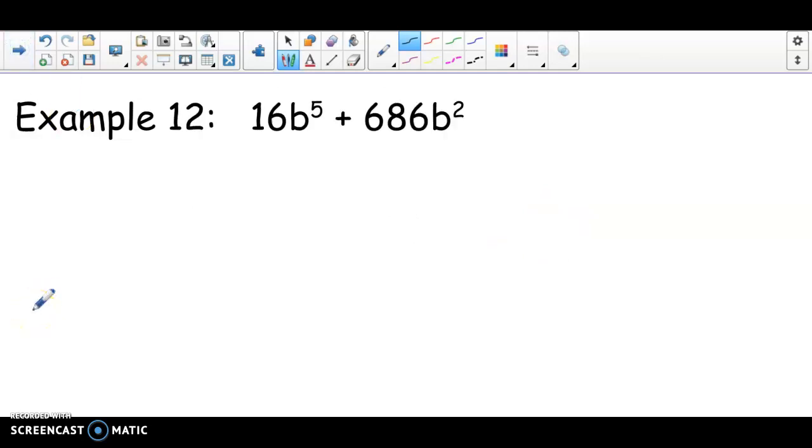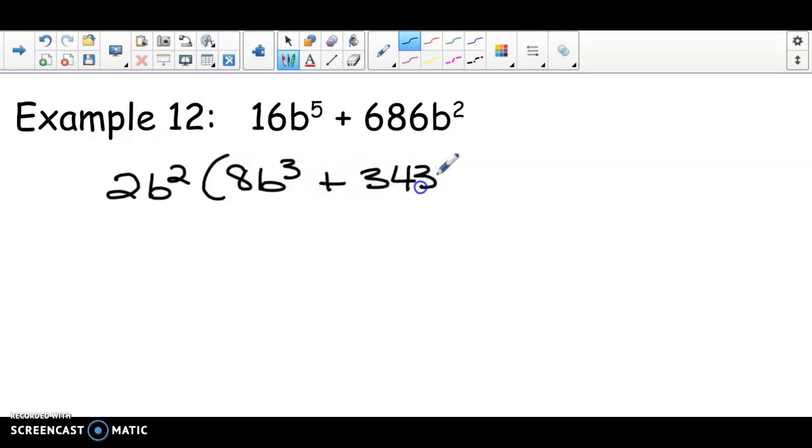Let's try one more. First thing I'm looking at, I've got some large numbers here, so I'm going to see if I can find a GCF. And it just so happens I can take 2b squared out of both of these terms, and that leaves me with 8b to the third plus 343.